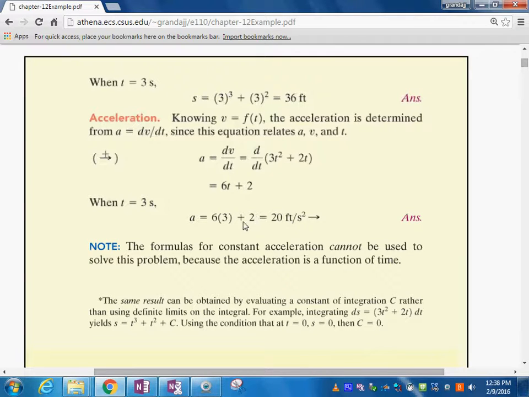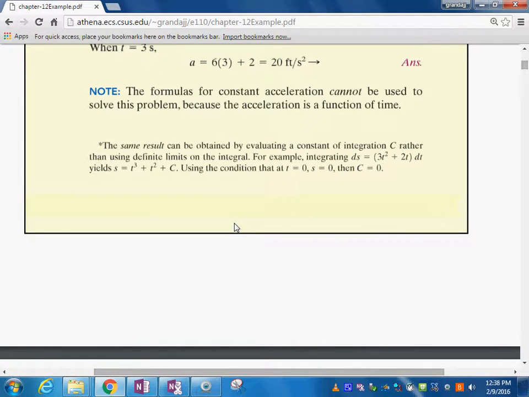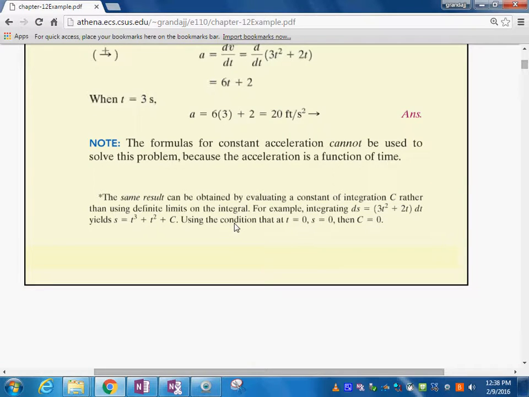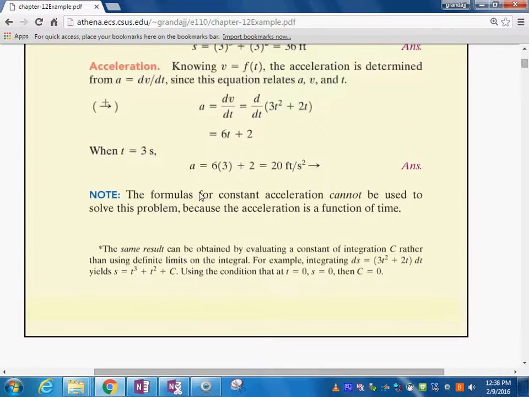This is an interesting observation here, that the formulas for constant acceleration cannot be used on this because the acceleration is a function of time. So it all depends on the motion.